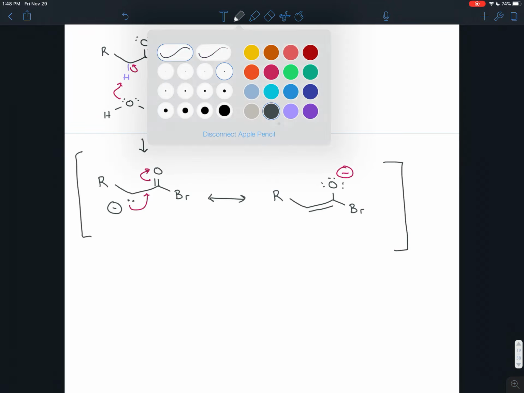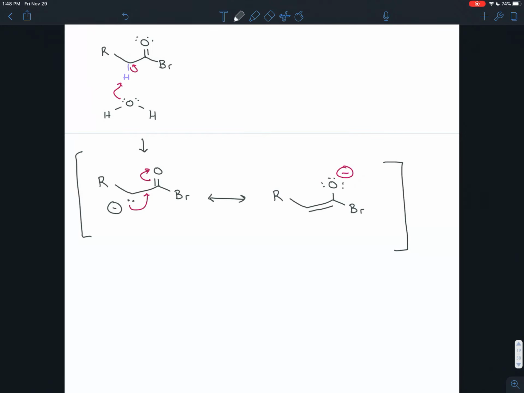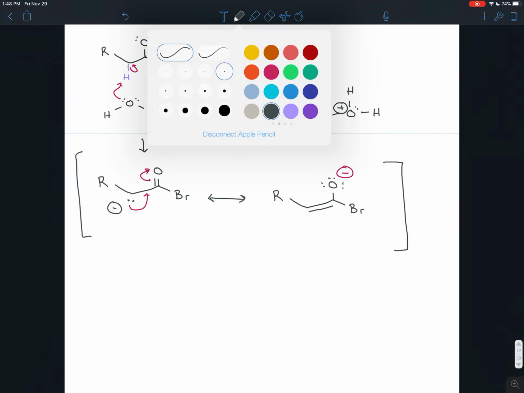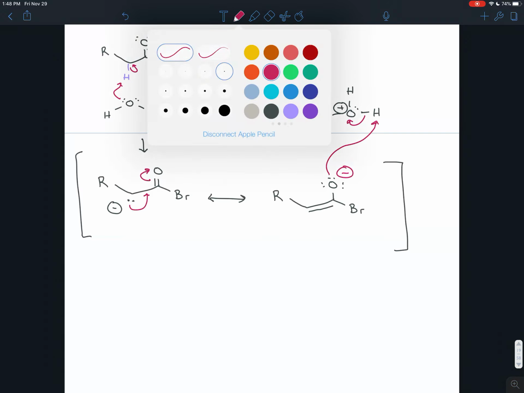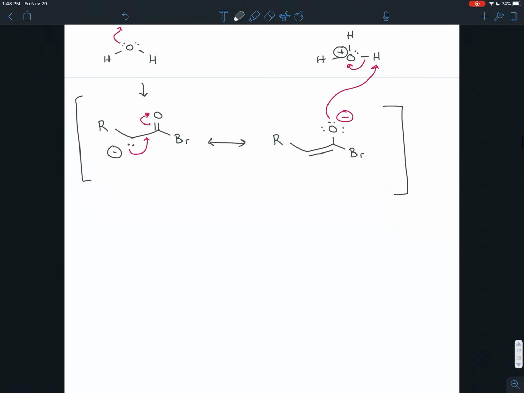And the hydronium that we created up here, that this water made, that comes back, this oxygen steals one of the hydrogens from it, and the electrons go to stabilize the positive charge on the oxygen and the hydronium.